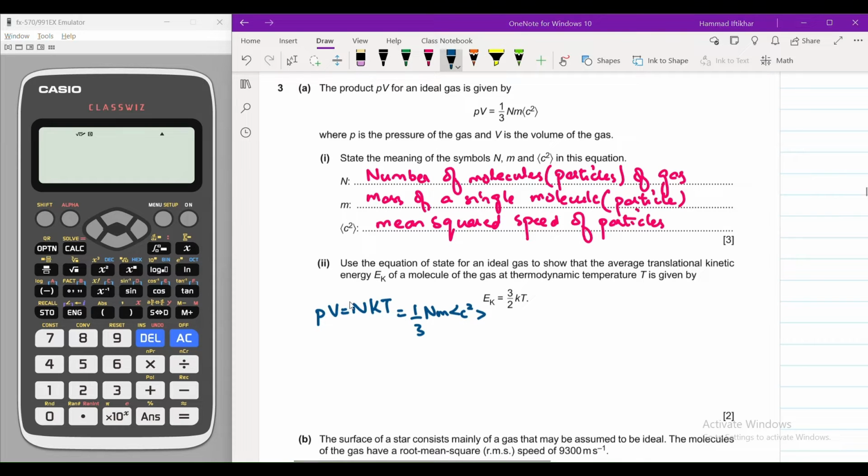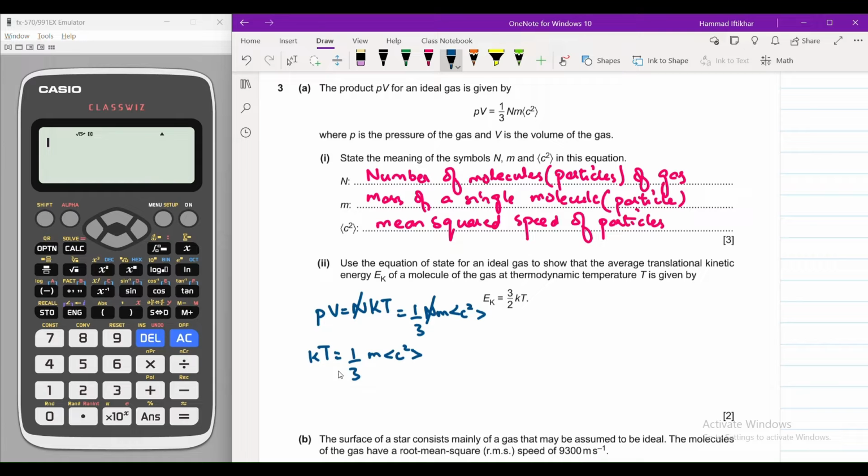If we cancel out the Ns, we are left with kT is equal to 1 over 3 m times the mean squared speed. Now the kinetic energy is half mv squared.